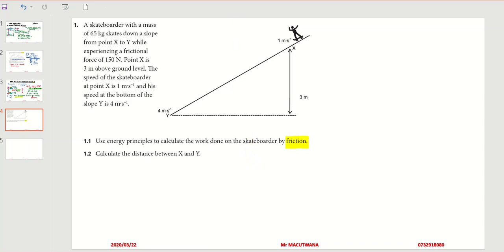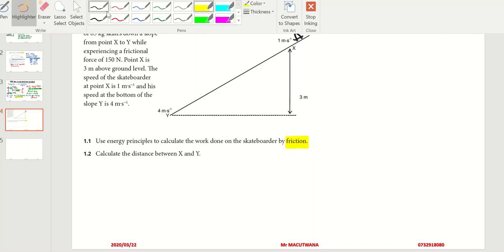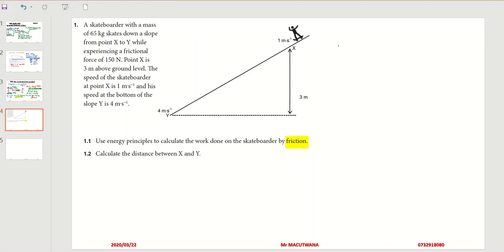So in other words, it means we need to work out how much work is done by this non-conservative force. So remember our formula, we said W_NC is equal to change in EP plus change in EK.